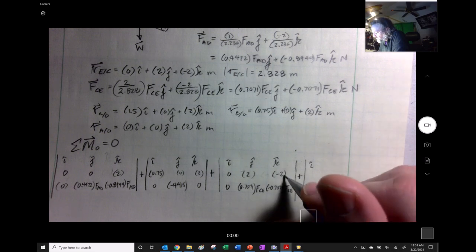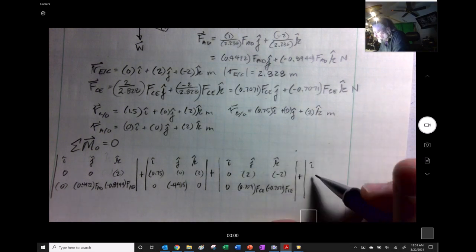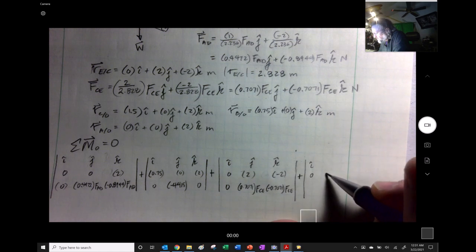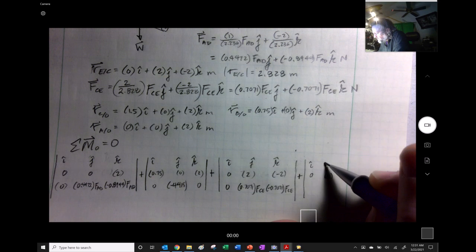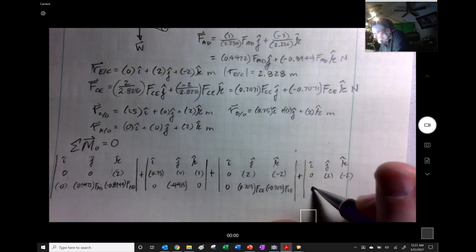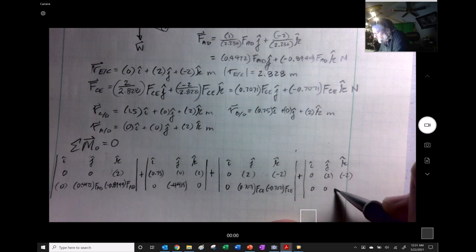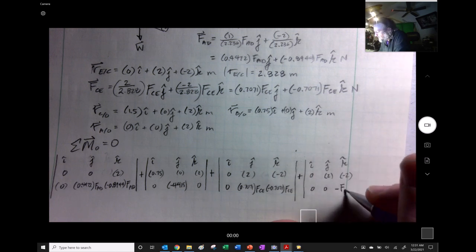So let's see if I can squeeze this into the corner of the page here, which I shouldn't do, right? Its position vector, same one we just did, 0, 2, negative 2. And here it's 0, 0, negative FCF.